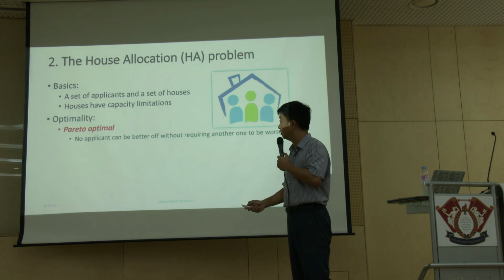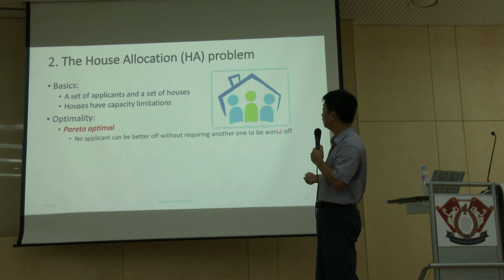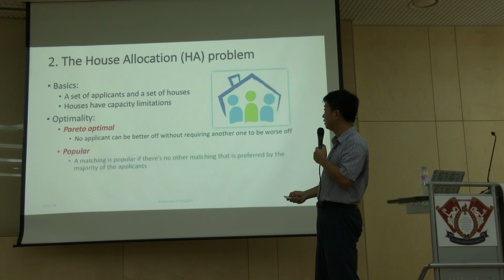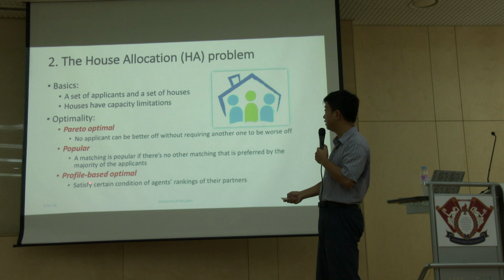So we have these different optimality notions, like the Pareto optimal. In other words, okay, no applicant can be better off without letting the other suffer. And also they have this different definition, like the popularity and profile-based optimal.